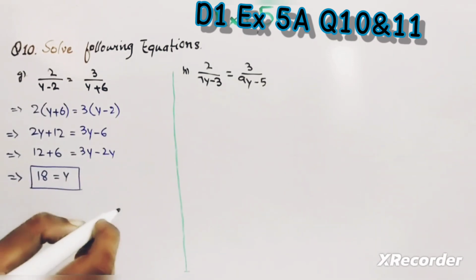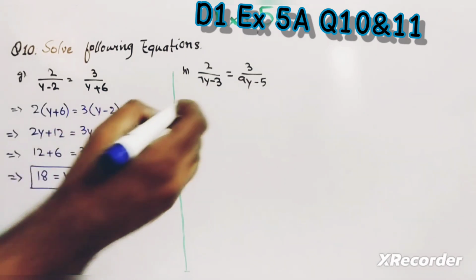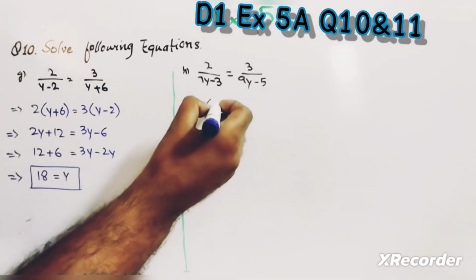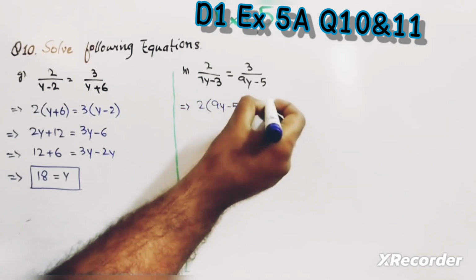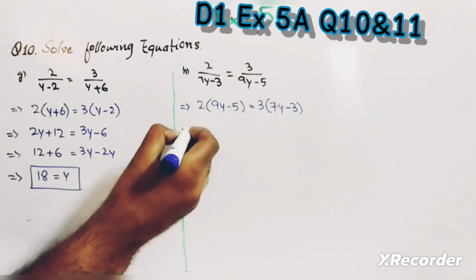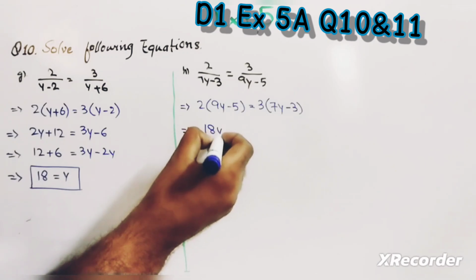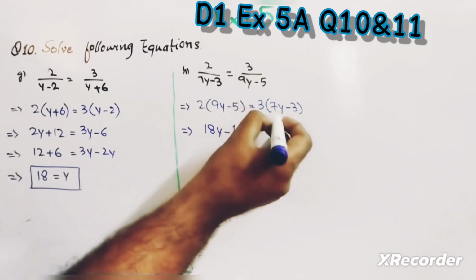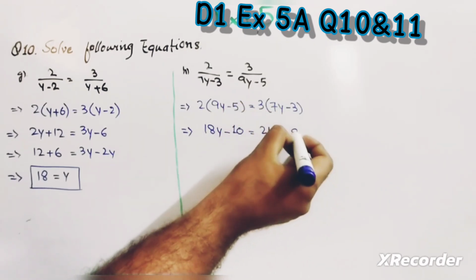Now last part, 2 upon 7y minus 3 is equal to 3 upon 9y minus 5. Let's begin with the cross multiplication. 2 times of 9y minus 5 is equal to 3 times of 7y minus 3. Now by solving, 2 times 9 is 18y plus minus minus 2 times 5 is 10 is equal to 3 times 7 is 21y plus minus minus 3 times 3 is 9.